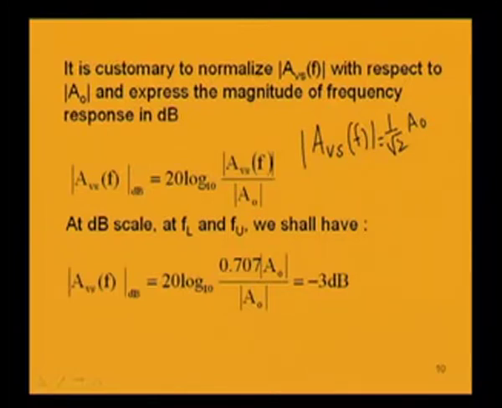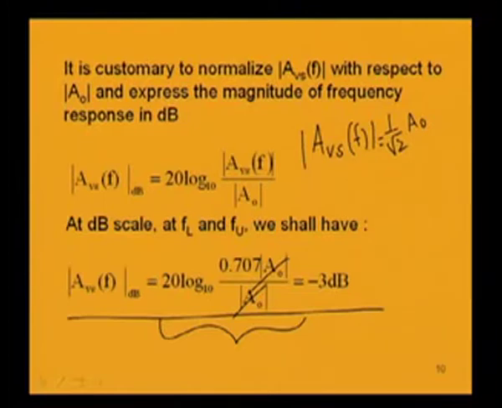So if we put that, we get 20 log 10 of AVSF, which is 0.707 times A naught, by A naught, and this value is the dB value. If we calculate this, A naught cancels, and 20 log 10 of 0.707 becomes minus 3. So the overall quantity becomes minus 3 dB. So that is why this minus 3 dB is very important as far as amplifiers are concerned.